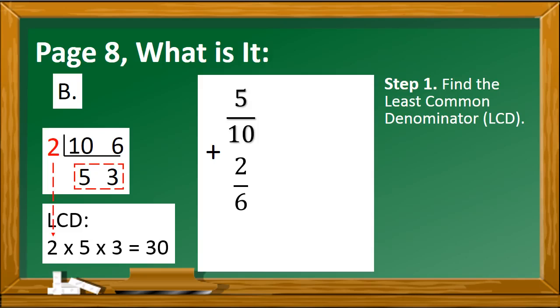So we have 2 as the common factor of 10 and 6, 5 and 3 as the quotients. Then we multiply these numbers. 2 times 5 times 3 equals 30. Then we write the equivalent form of 5/10 with 30 as the denominator, and for 2/6 with 30 as the denominator.